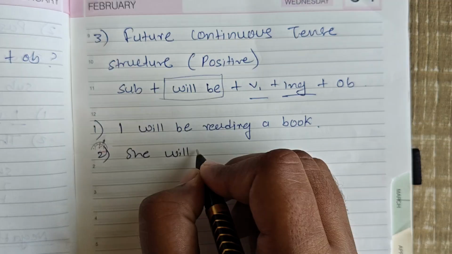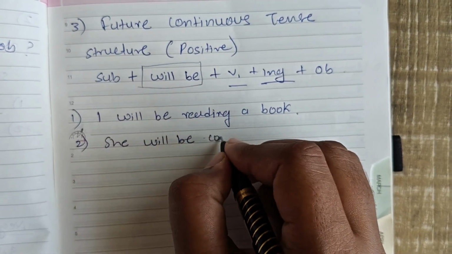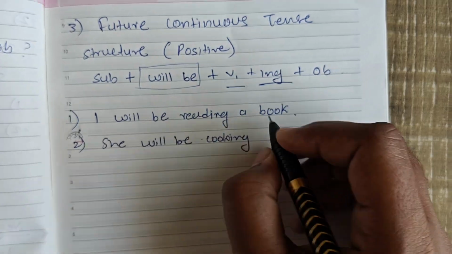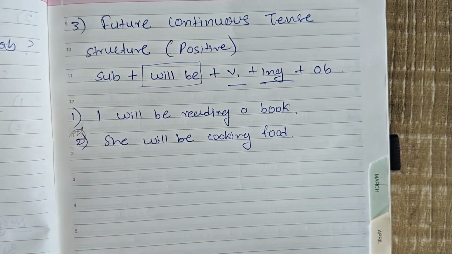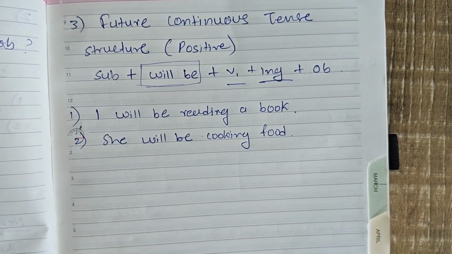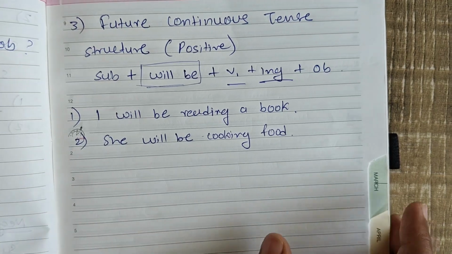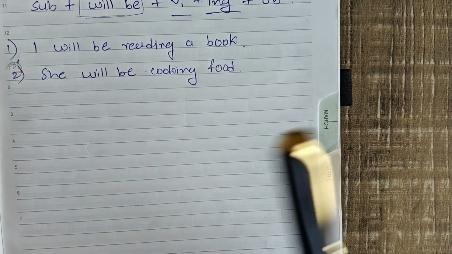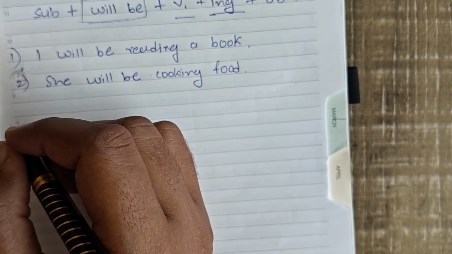With singular, plural, and with I, we always use will be. We don't have to change any helping verb; we just use will be everywhere in the future continuous tense. You have to note that point.